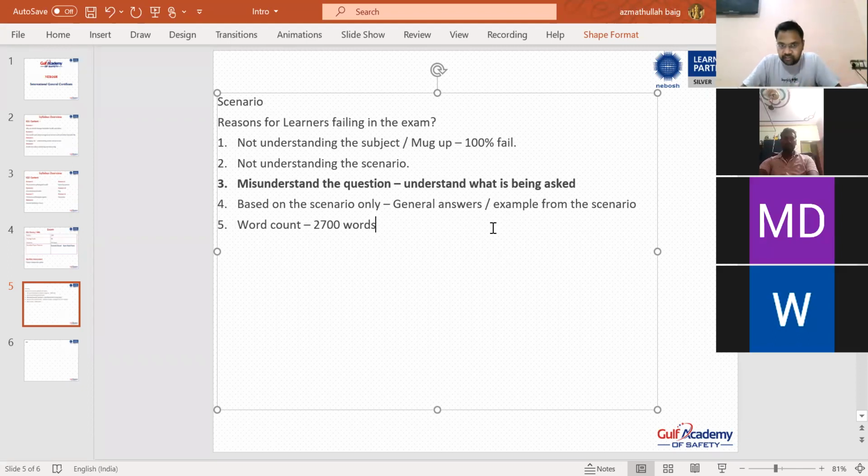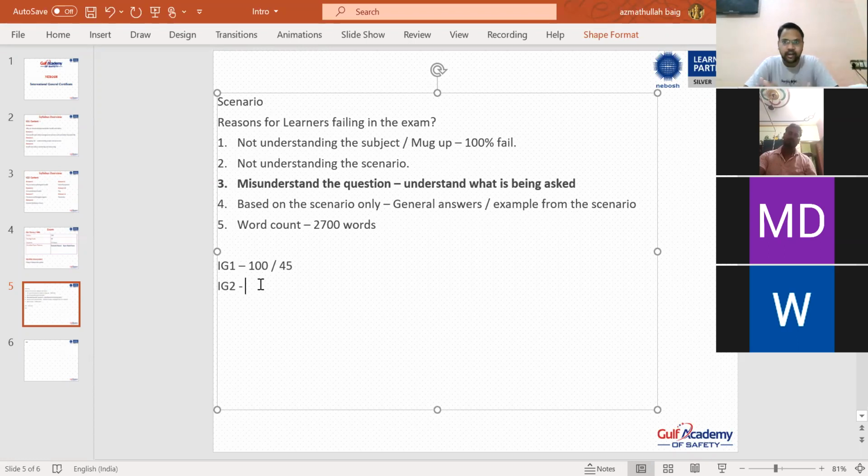So that is about your open book exam and the reasons why generally the students fail in the exam. Coming to the two papers, as I discussed already, IG1 and IG2. For IG1, the total mark is 100. To pass, you need to score 45 marks. For IG2, there are no marks.